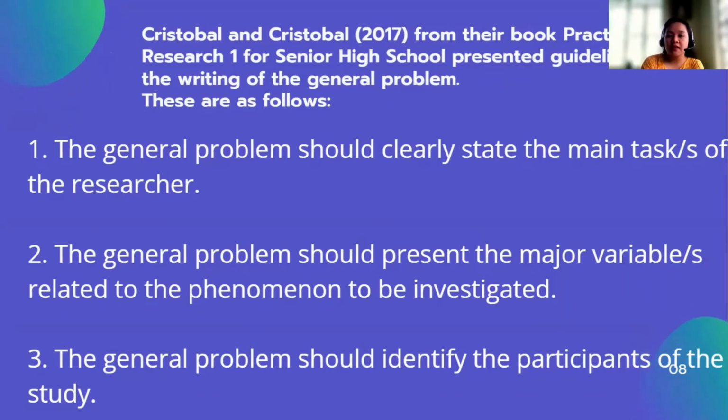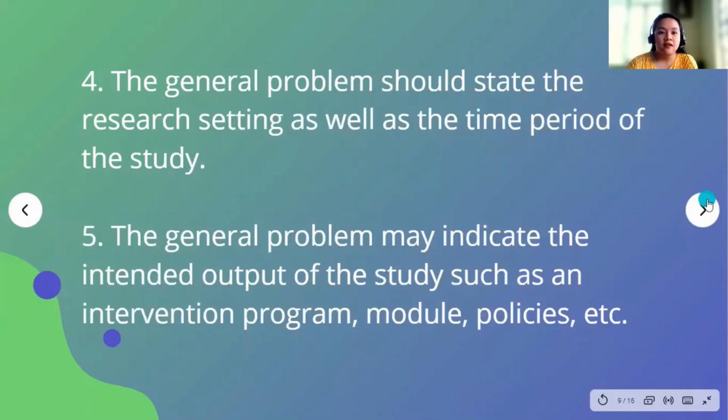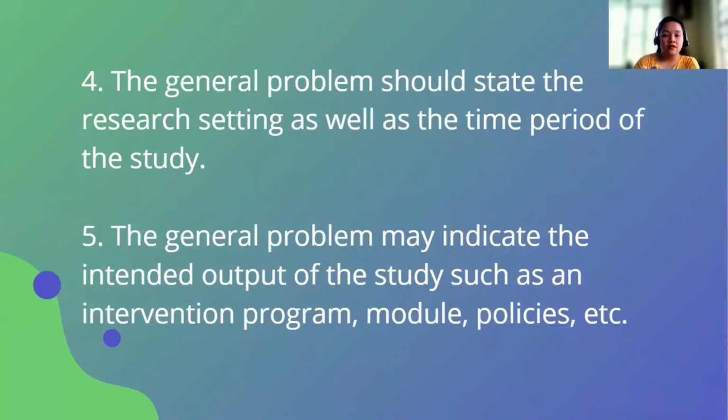To determine the factors affecting the academic performance of the senior high school student. So participants, senior high school students. Setting ang susunod dyan. Or research setting. The setting is Global Academy, Santiago City.